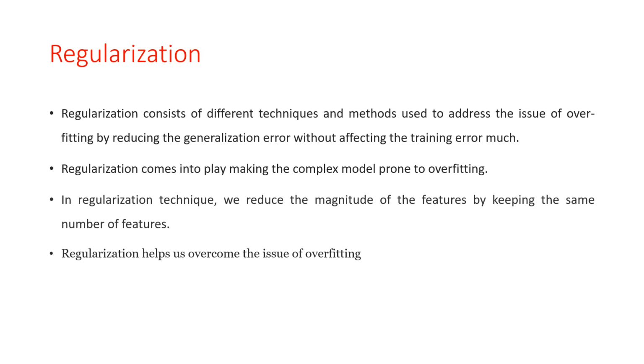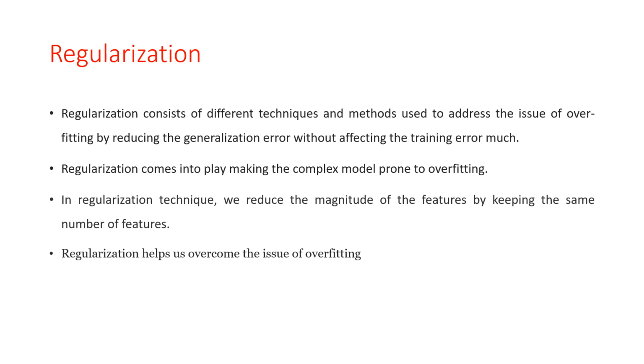The concept of balancing bias and variance is helpful in understanding the phenomenon of overfitting. In this lecture we focus on the techniques that help in avoiding it and also increasing the model performance. The technique here is the regularization technique.